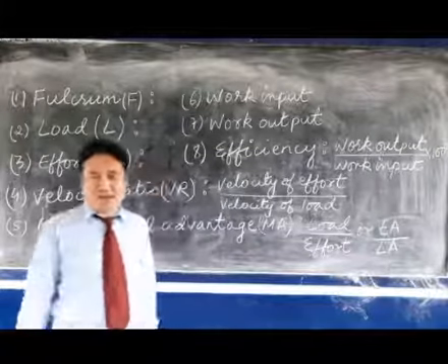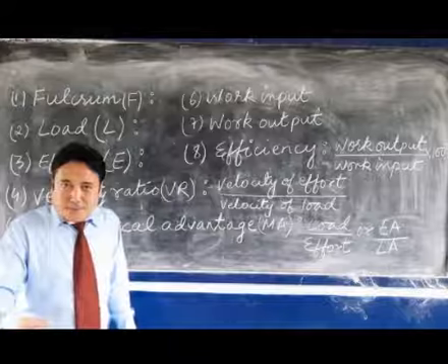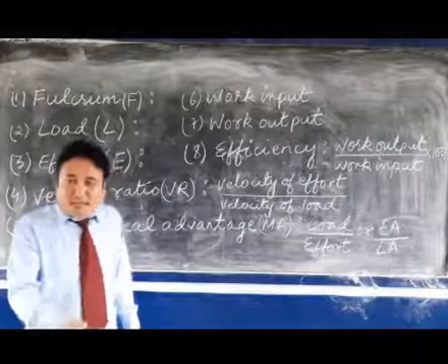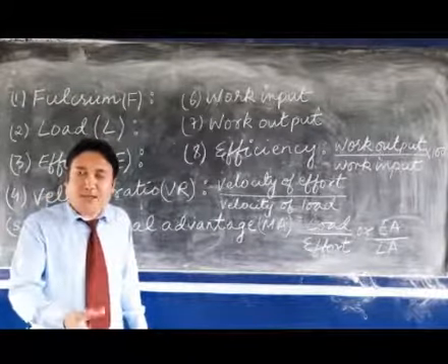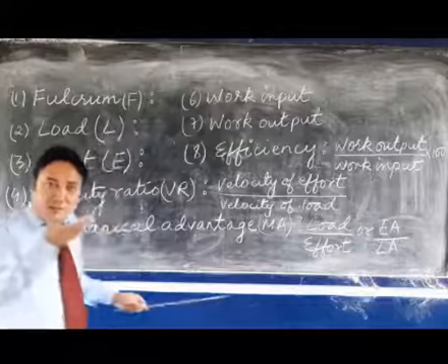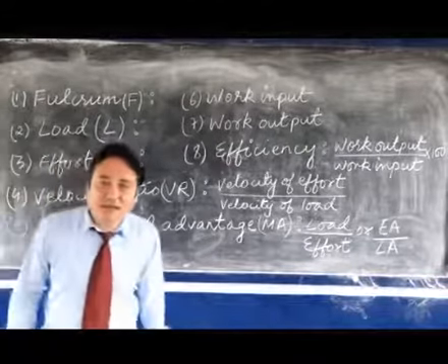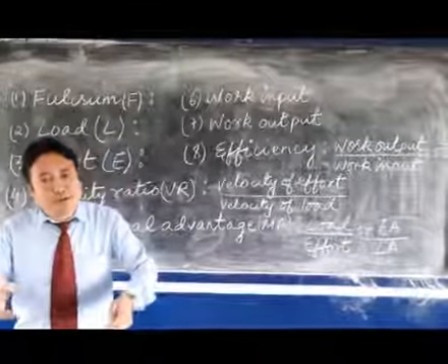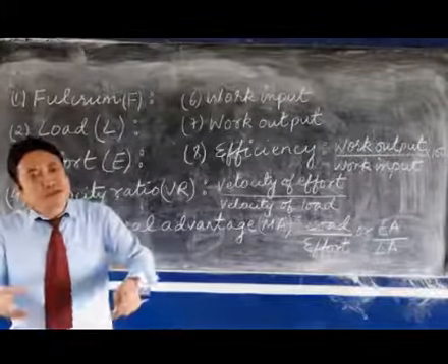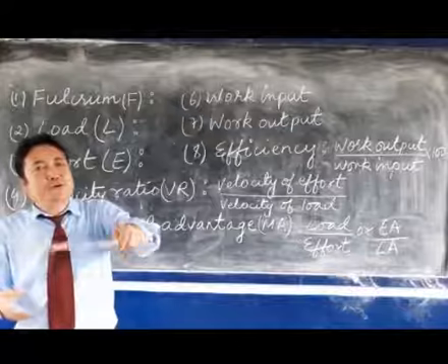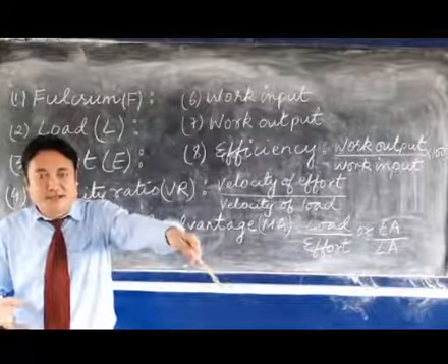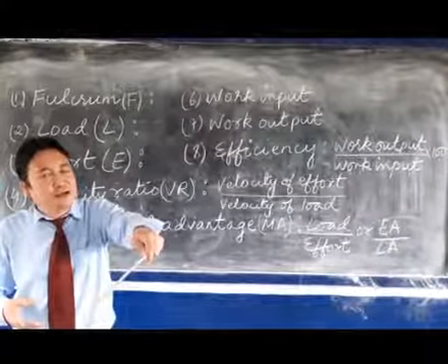Which means that when you apply a force on that scissor, that scissor is a machine. When we apply the force on the scissor, that force we call the effort. And by applying a force on the scissor, the paper or a cloth can be cut. And how can the paper or a cloth be cut?